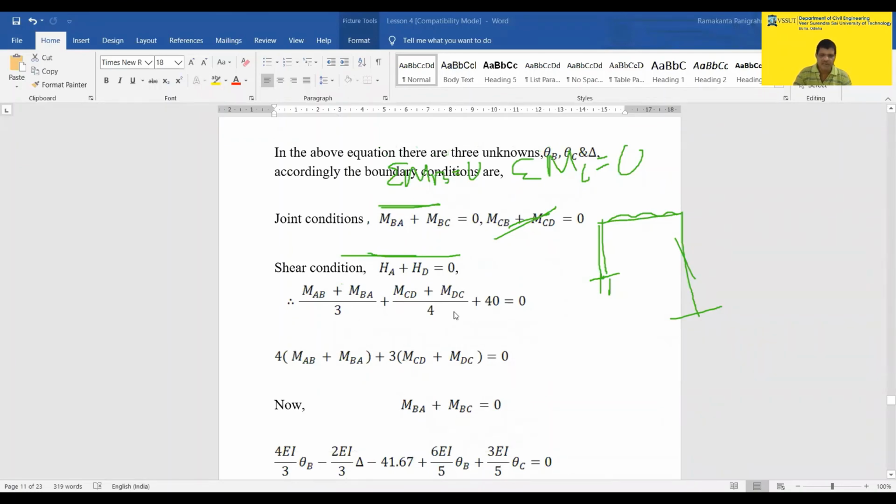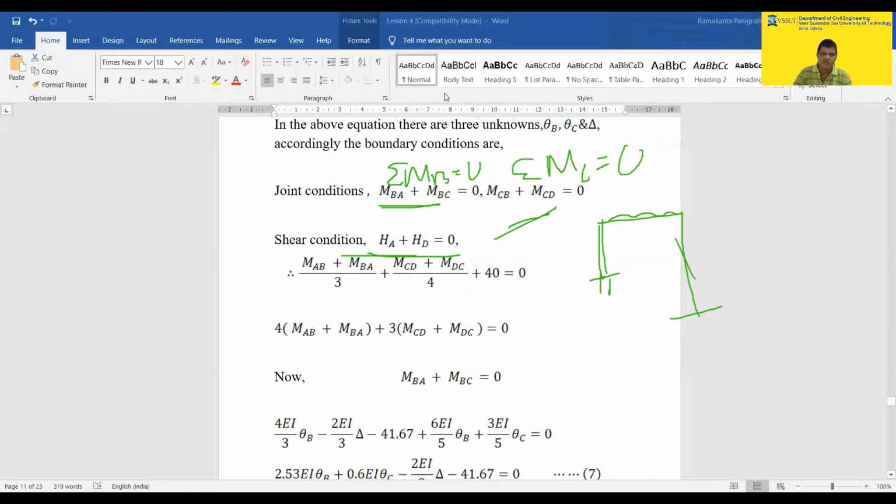It is wrongly written. There is no such value. There is a correction here, so this is wrong. There is no load given, so just forget this term. This term is not present. Just a copy paste problem.